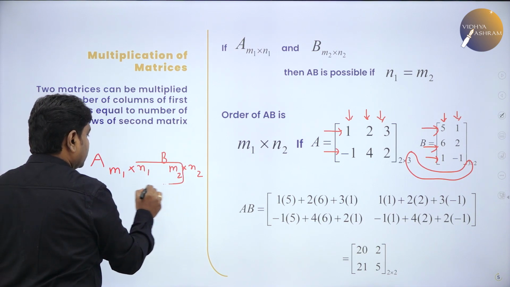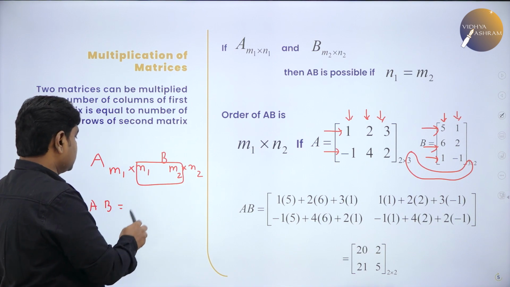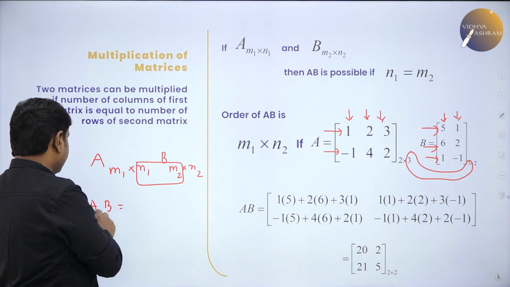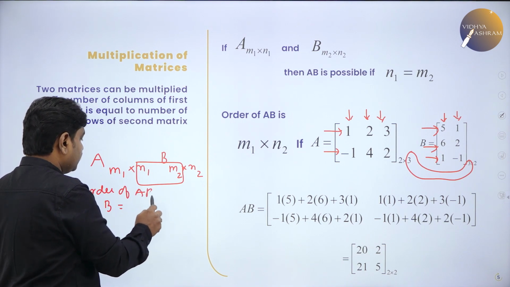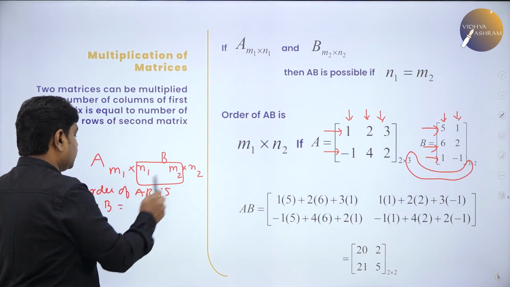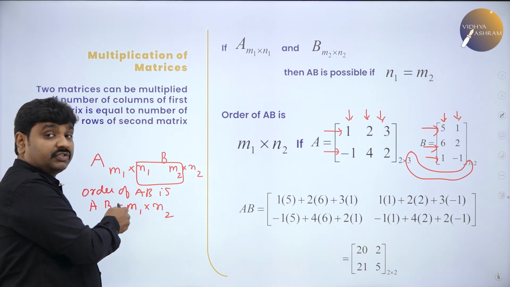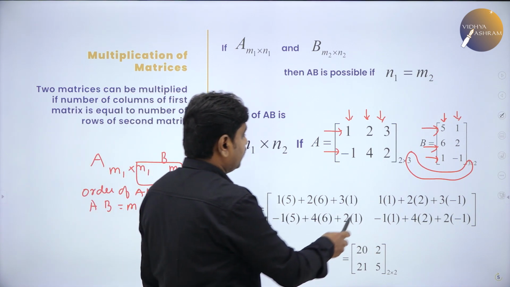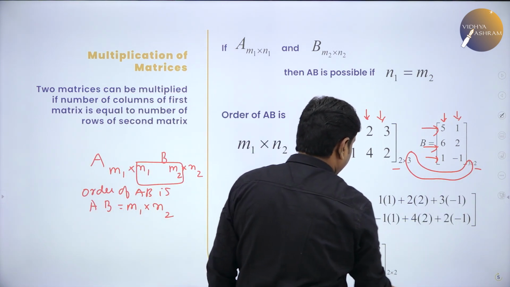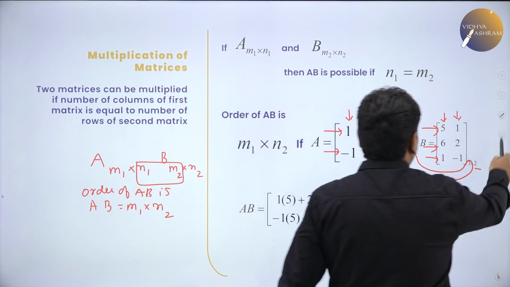If these two are equal, then the order of AB is simply the remaining m1 cross n2. That is, the number of rows of the first and the number of columns of the second. Let me repeat: here we multiply, the remaining numbers are 2 cross 2, so the final answer is 2 cross 2.